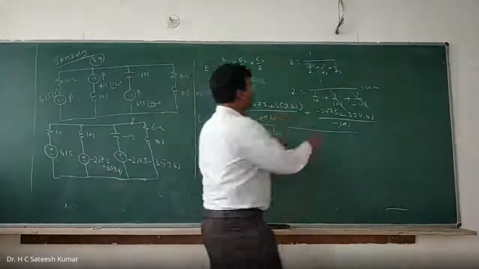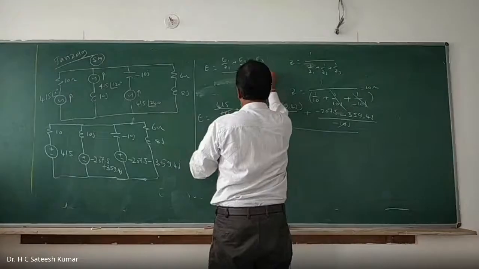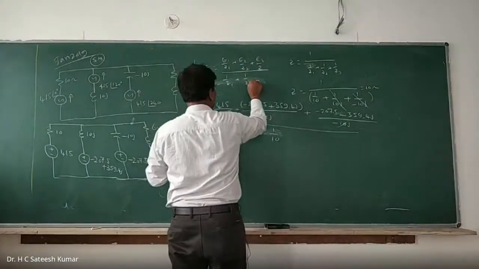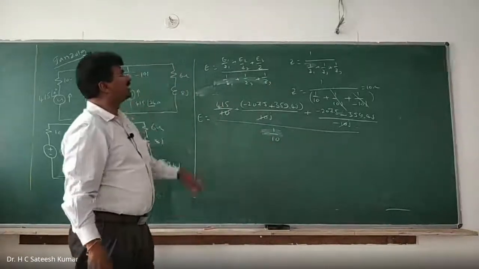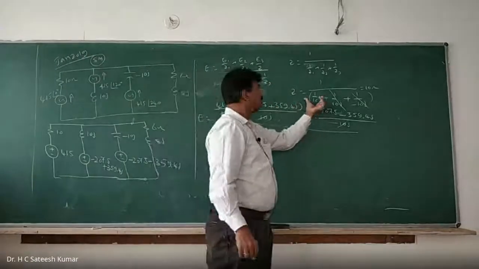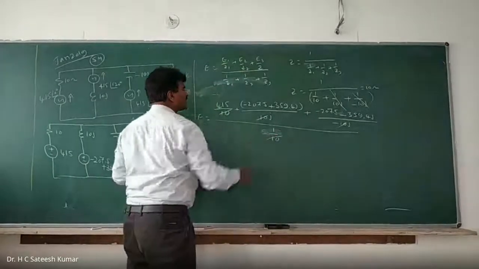This is your 1 by Z1. E is divided by 1 by Z1 plus 1 by Z2 plus 1 by Z3. Therefore 1 by 10 will be there, that is 1 by Z1. So whole thing I have replaced by 1 by 10, so this 10 gets cancelled.